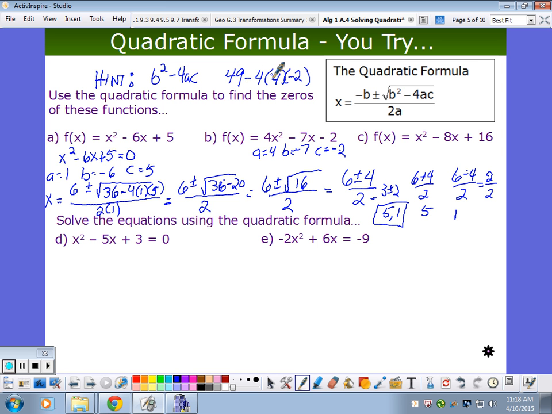That's negative 4 times 4 times negative 2. Let's do the signs first. Negative times a positive is negative, and a negative times a negative is positive. So that's a positive. 4 times 4 is 16 times 2 is 32. 49 plus 32 is 81.